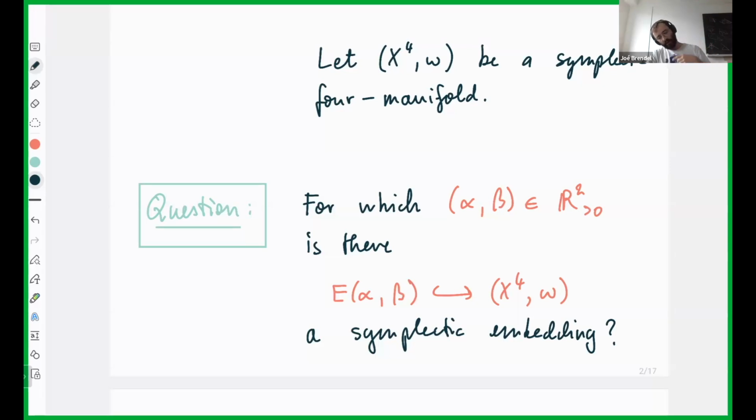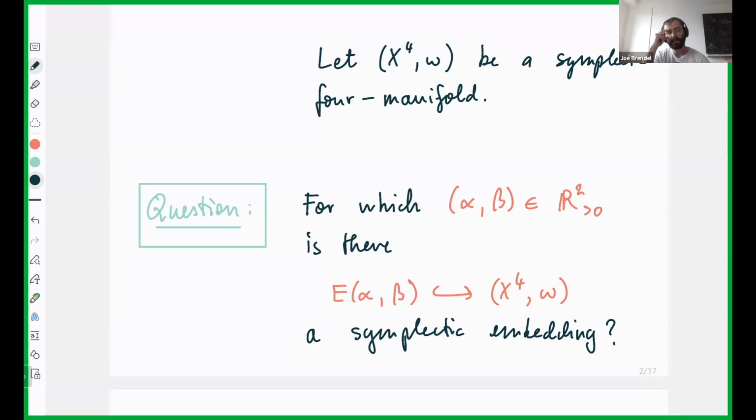So this is, in some sense, a refinement of the Gromov width, because for the Gromov width you have a one-parameter family of questions. Namely, you ask for a ball of each radius, can I embed it or not into the space? And here you get a two-parametric question in some sense.